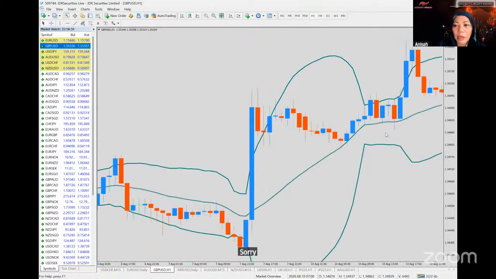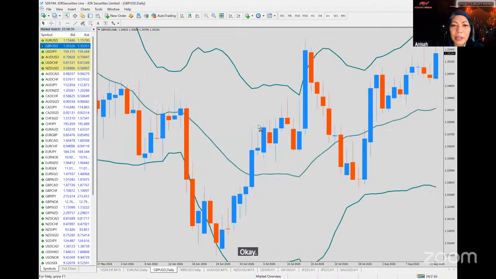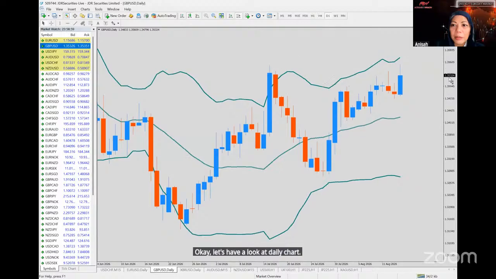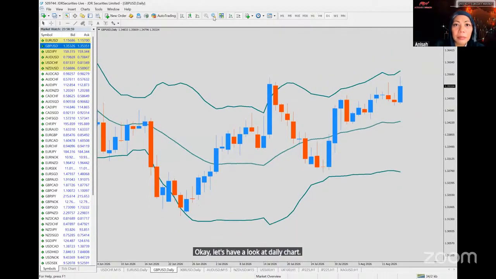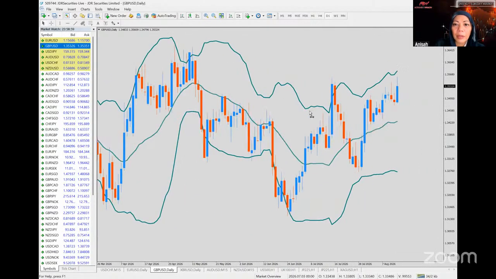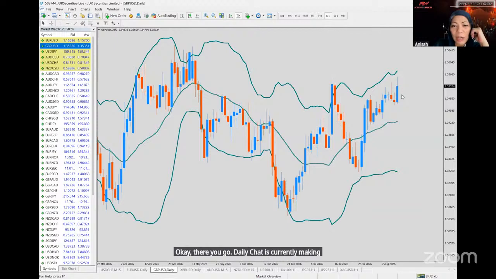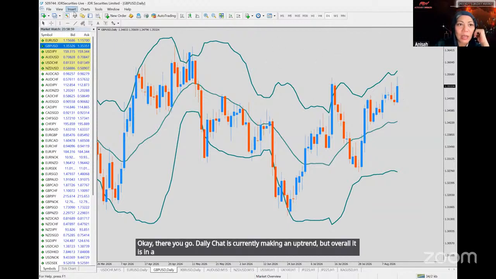Sorry, I have it here. This is my pound dollar. Let's have a look at the daily chart. Okay, there you go. The daily chart is currently making an uptrend, but overall it is in a sideway.